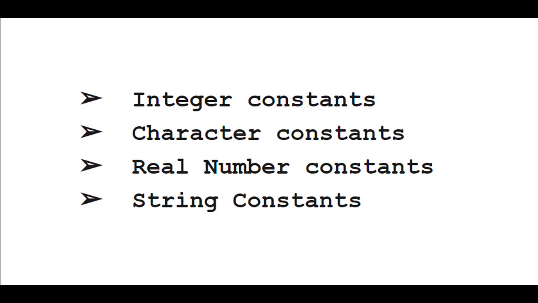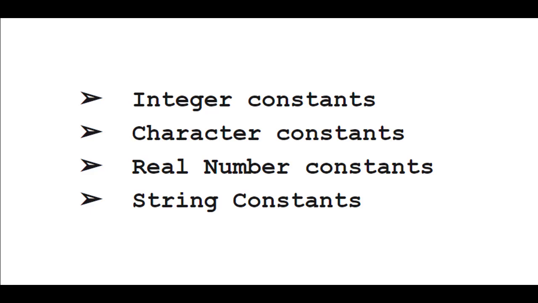Now what is the meaning of constant? Constant means the value cannot be changed. Integer means 0 or 1, and you cannot change the value of 1 or 0. A character combination, like India, is one word and you cannot change its meaning. For a real number, say my percentage is 80.5, you cannot change that.